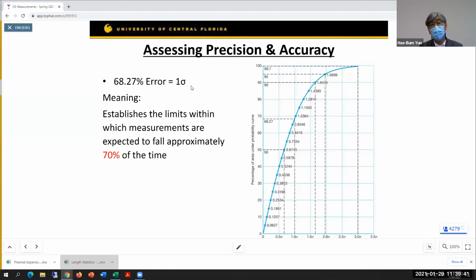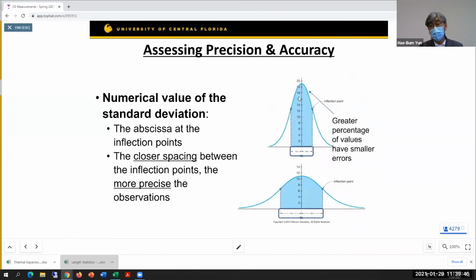That is defined as one standard deviation. And this area percentage is the same for the sharper one or the wider one. Which means if you take 100 observations, roughly 70% of your measurements will fall into this shaded area, no matter whether it is sharper or wider.